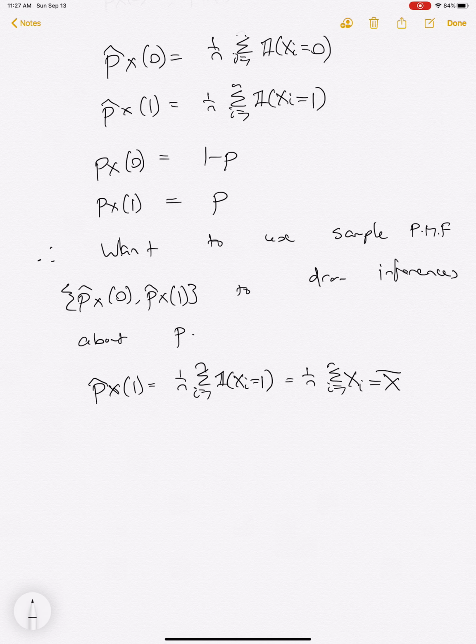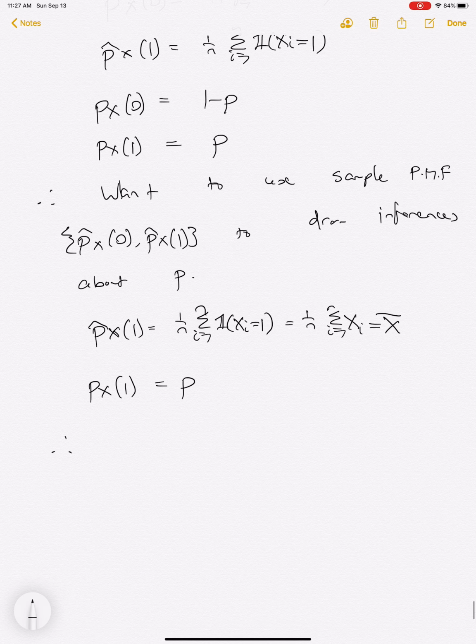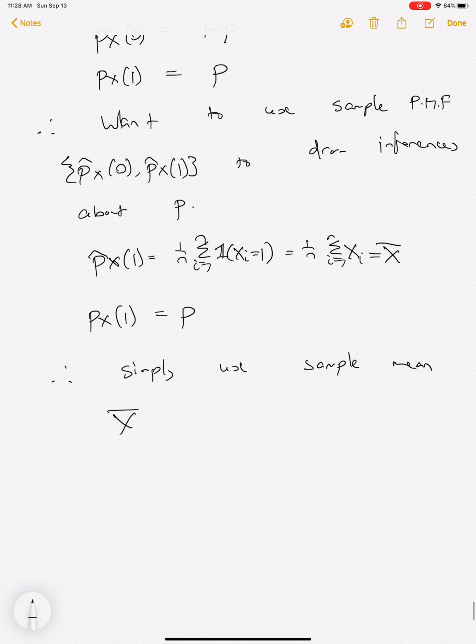And then we also know that px of 1 equals p. We can simply use the sample mean, x bar. Okay, and so this is something we actually did way back in the first lecture.